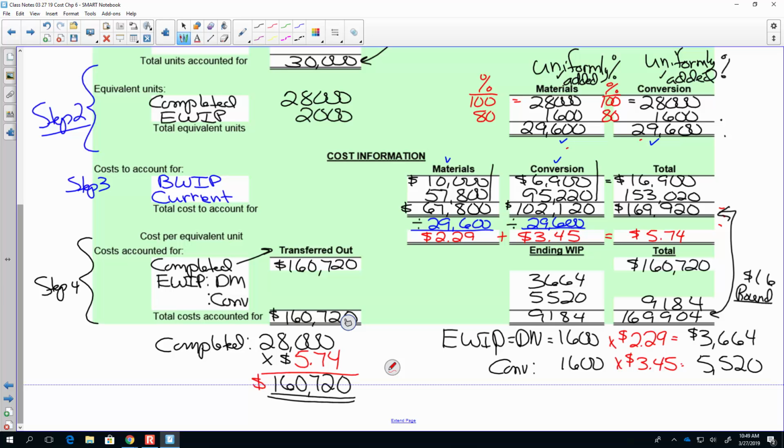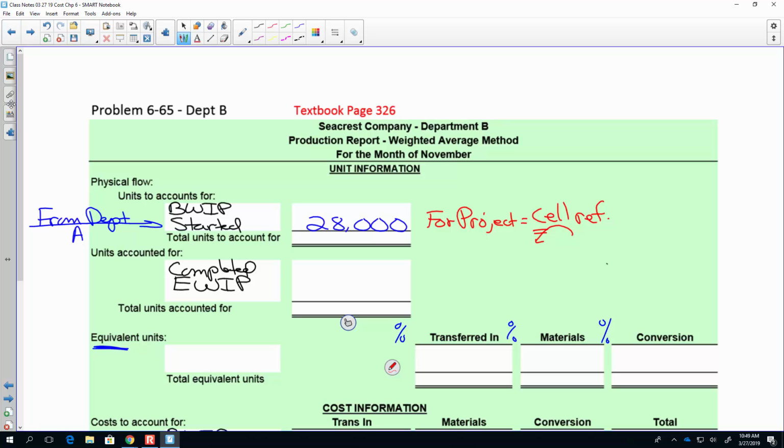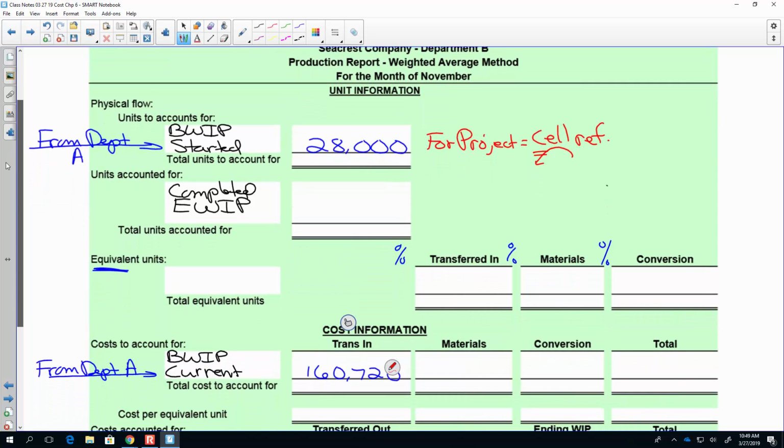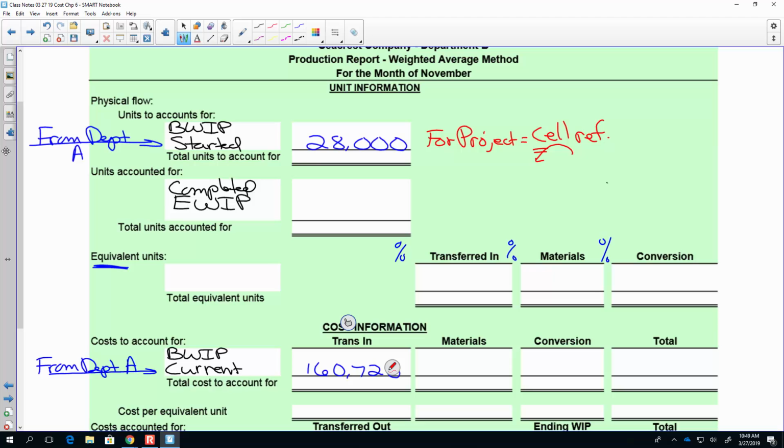Now, Jade, Austin, this template that we're doing now is what you need to do for your 50-point Excel project. So you'll have one worksheet for each department. So on the second worksheet, second department, we transferred over two numbers, the started units, which were the completed, and then we also transferred over the current cost.